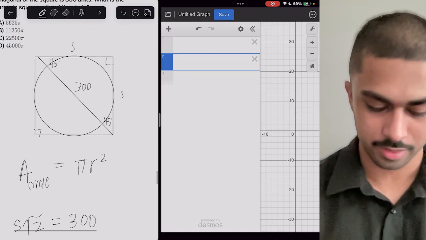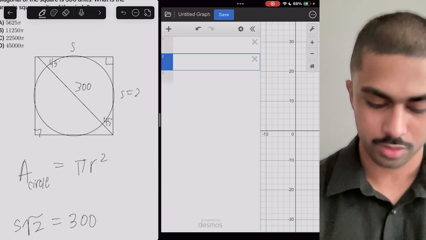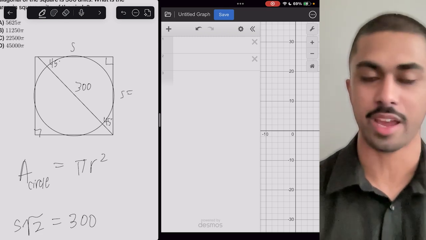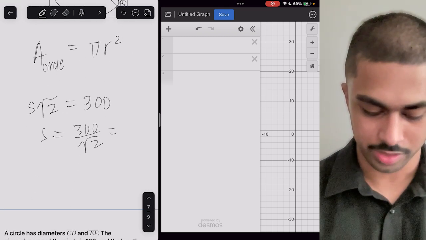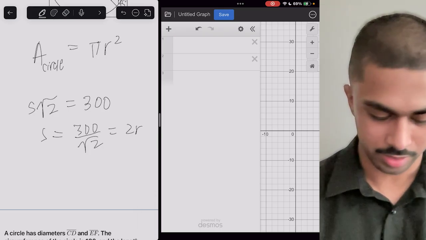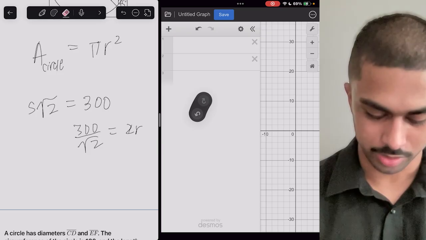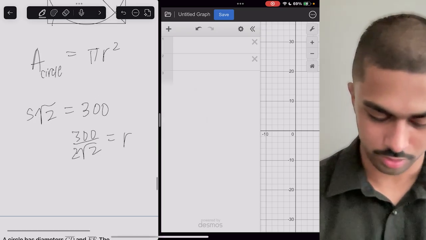We found the side, and we also know that this side is equal to 2 times the radius, because the side is equal to the diameter, and the diameter is equal to 2 times the radius. Now, if we divide both sides by 2, we're going to get the radius is equal to that.